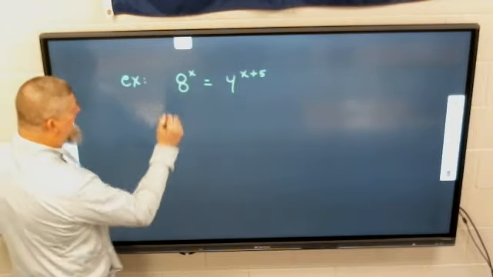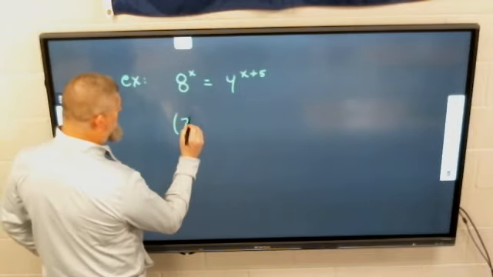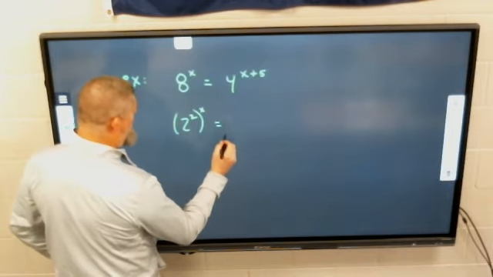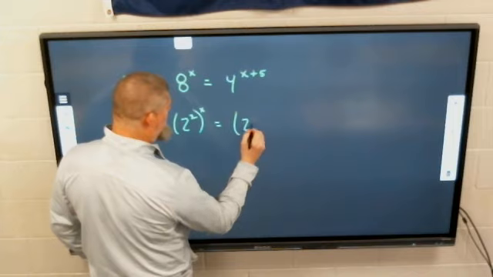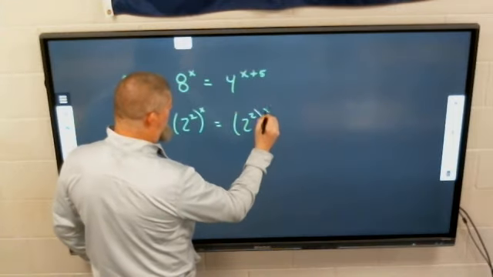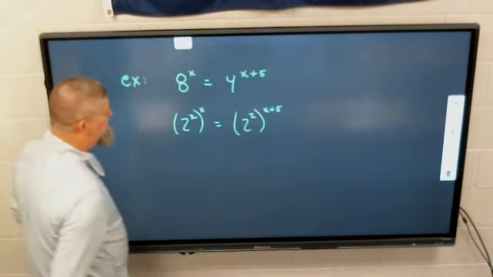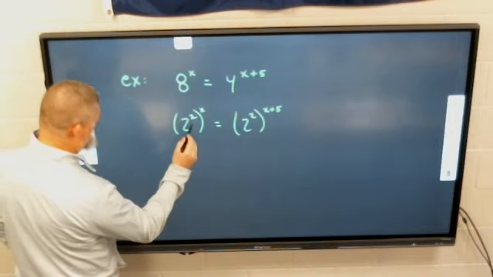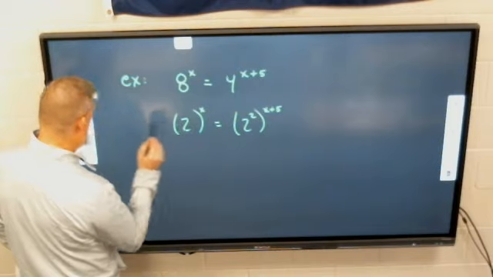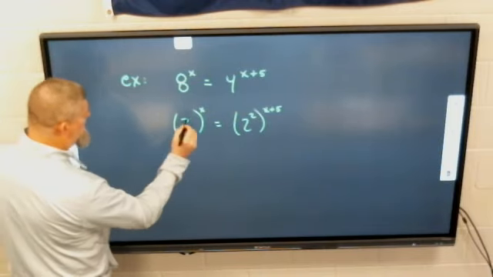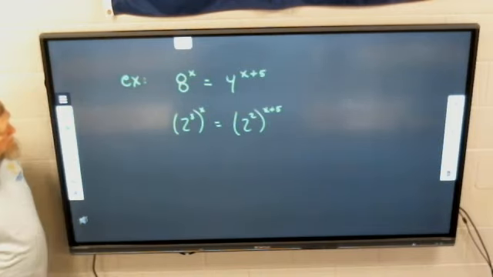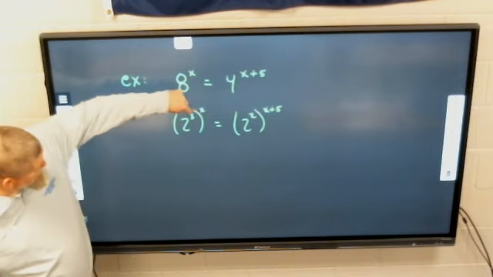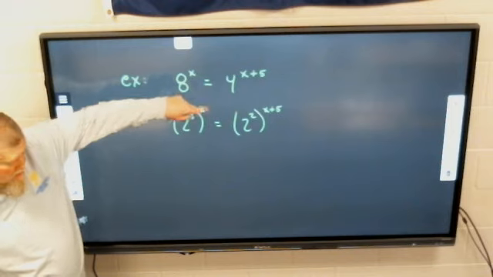So I can rewrite this 8 as 2 to the third power to x equals, and 4 I can write as 2 to the second power of x plus 5. Now, going back to my exponential rules, if I have an exponent to an exponent, what do I do to those two? Multiply them.